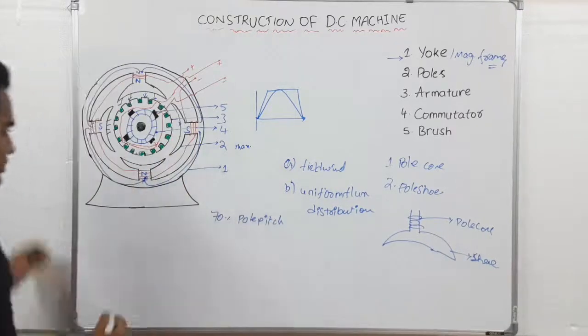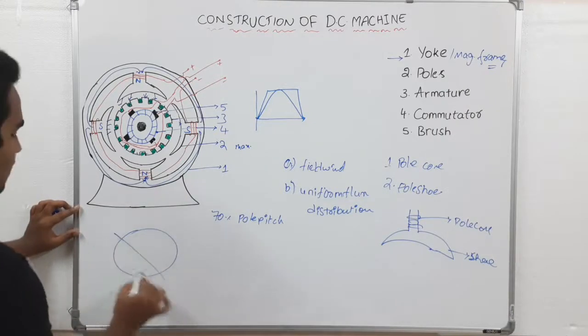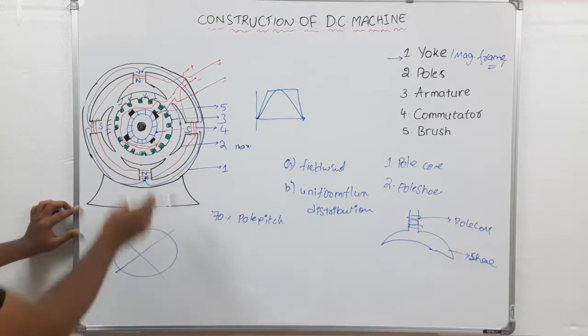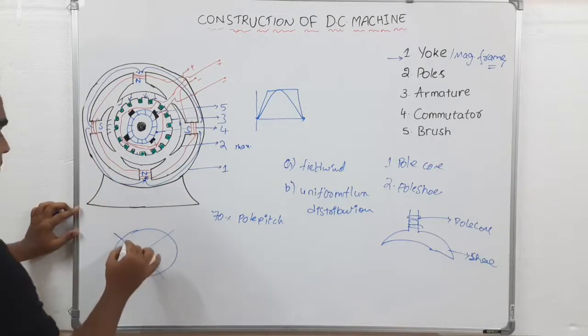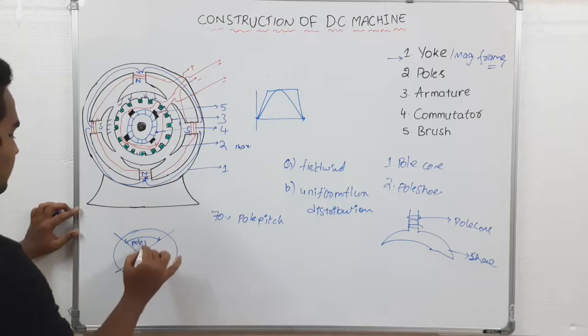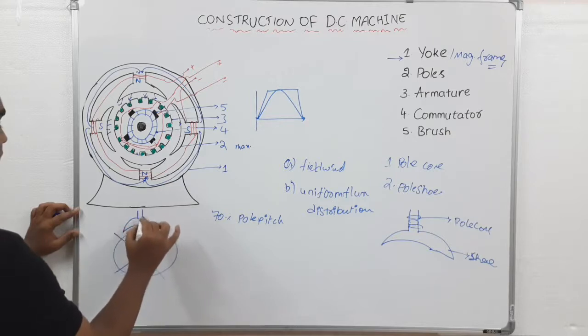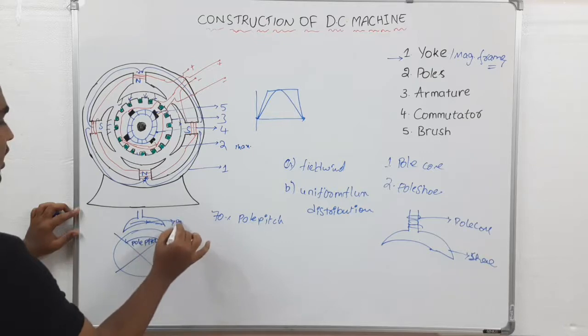You can ask what is pole pitch. Suppose we consider this is the diameter of the entire machine. This part is called the pole pitch, and this one is called the pole arc.